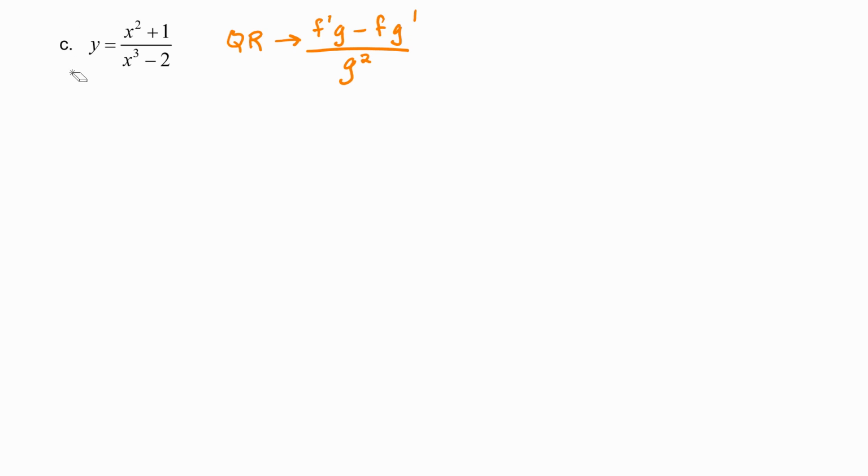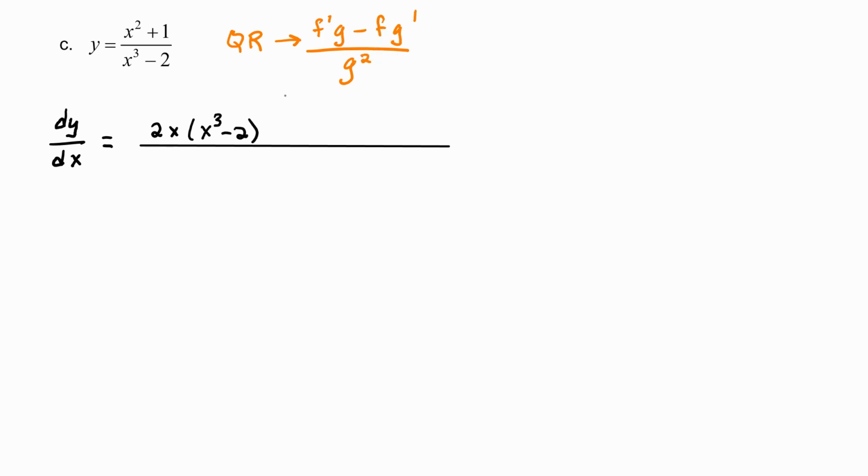So taking the derivative of the left-hand side, we get dy dx is equal to, on the right hand side we have to take the derivative of the top, which would be 2x, times the bottom, which is x cubed minus 2.